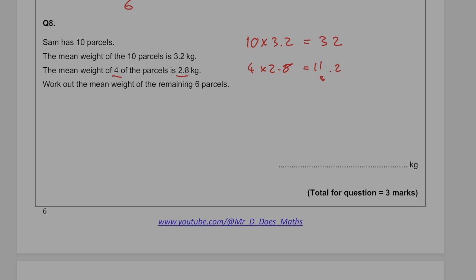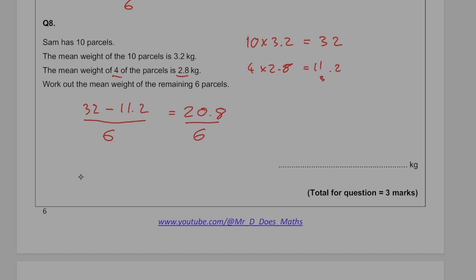Right, so the remaining 6 parcels are going to have a weight of 32 minus 11.2, and then I'm going to have to divide that by 6. So 32 take away 11.2 is going to give me 20.8, and I want to divide that by 6.